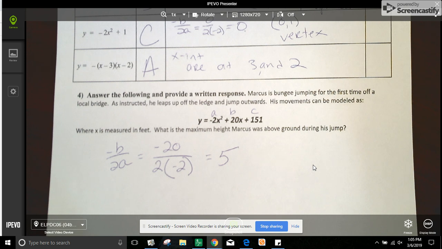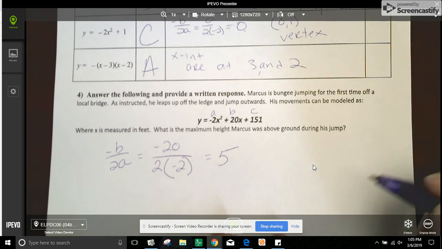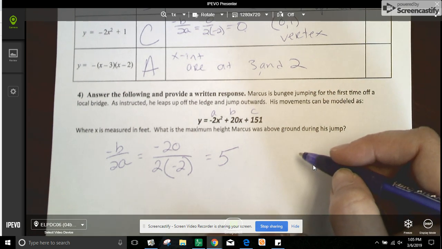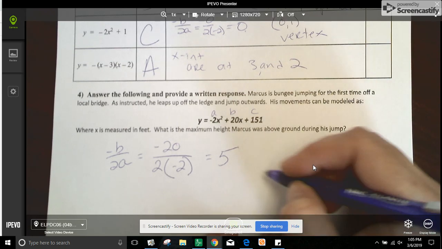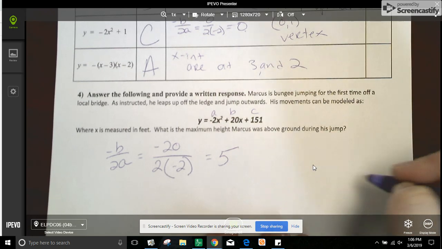So the height that he got was 5 feet. Is it feet? Yeah, 5 feet.